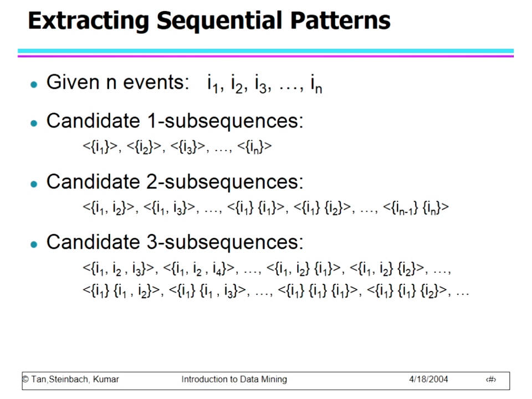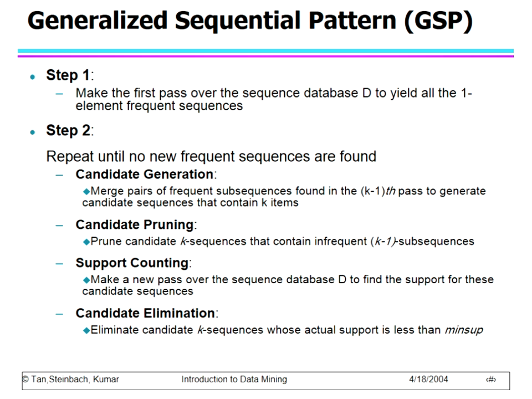So how can we extract sequential patterns? Given n events, I1, I2, In, we will begin with candidate 1 subsequences like this. After that, candidate 2 subsequences.